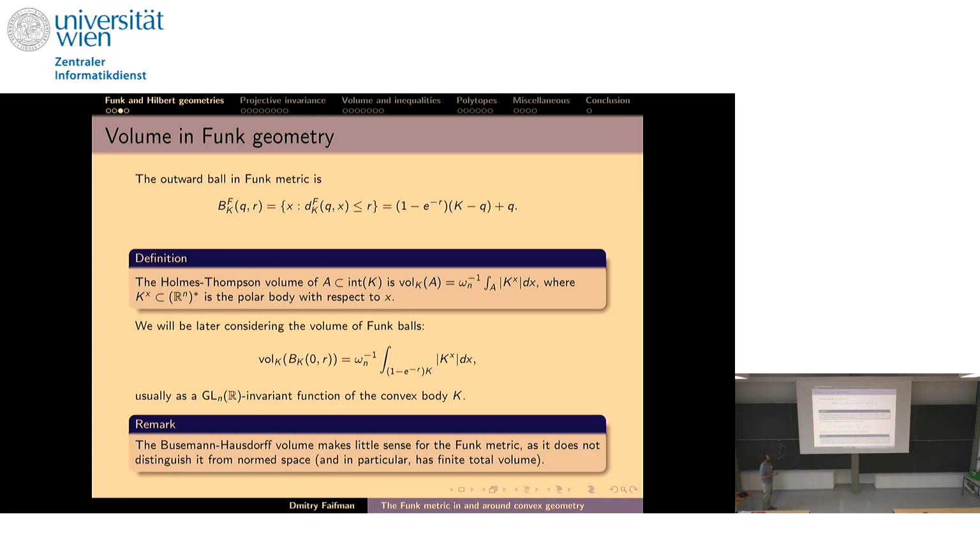But here, at least, the Busemann-Hausdorff doesn't make any sense, because that would be just Lebesgue measure, the same Lebesgue measure you'll get on the normed space. It's not sensitive to the geometry at all. So Holmes-Thompson is really your best shot at relating volume to the distance.